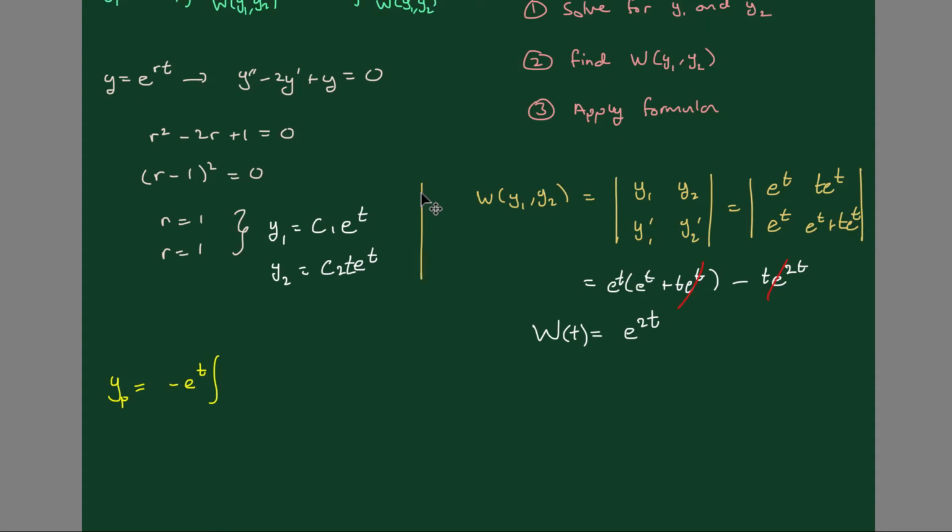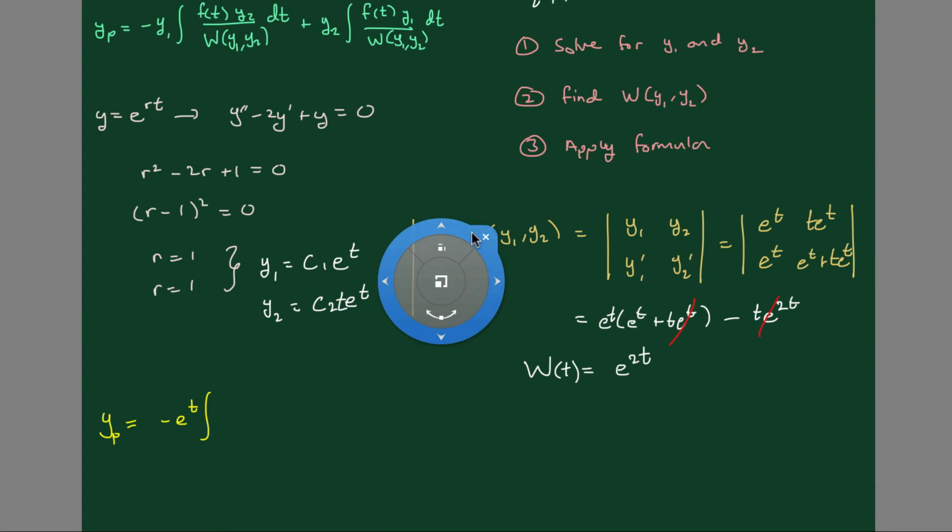So our f of t is e to the power t over t squared plus 1, and then multiplied by y2. So y2 is t times e to the power t. So times t times e to the power t dt. And then plus the second solution, y2.